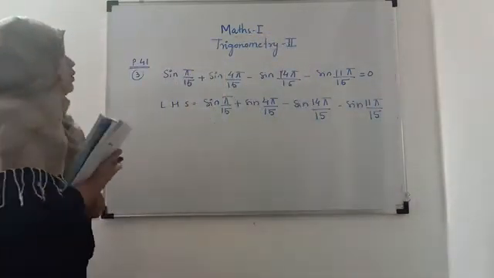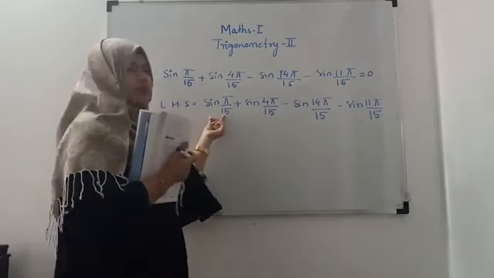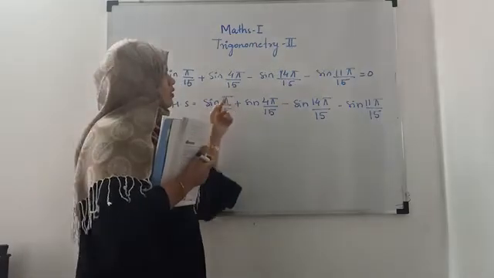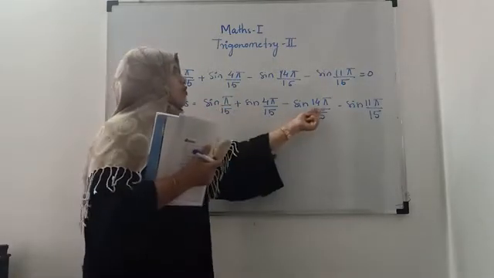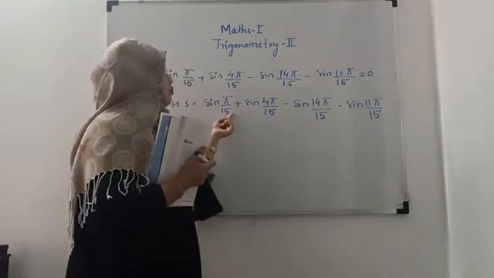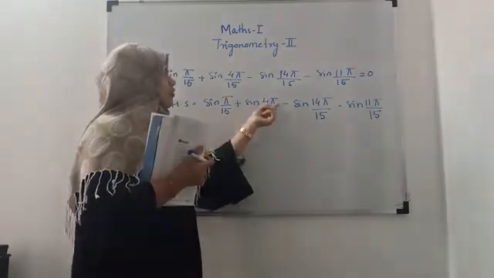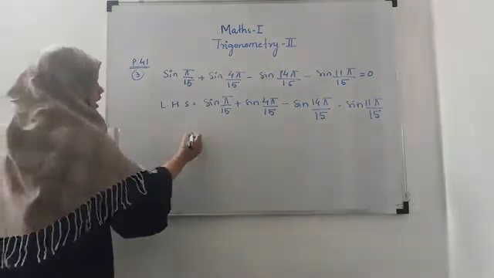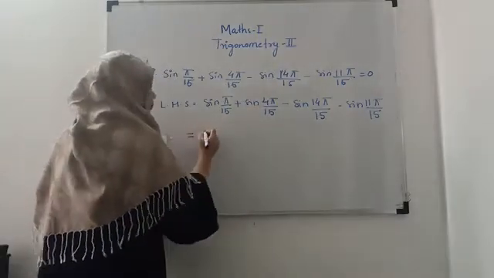Here you can see two terms are in plus and two are in minus. To cancel out the terms we should convert 14 pi upon 15 and 11 pi upon 15 into pi upon 15 and 4 pi upon 15, so that they will get cancelled. We will use that trick.